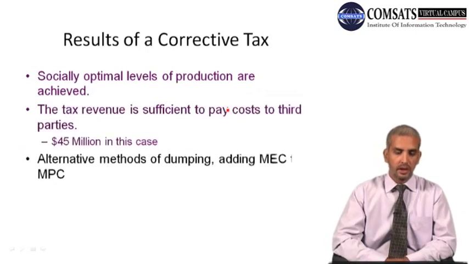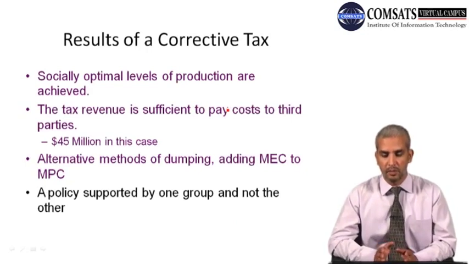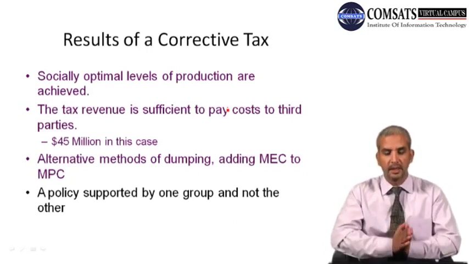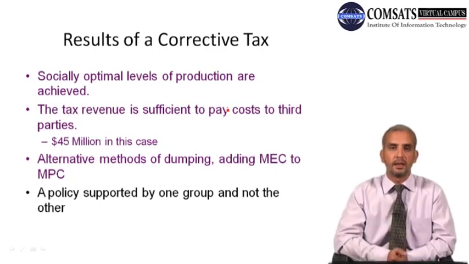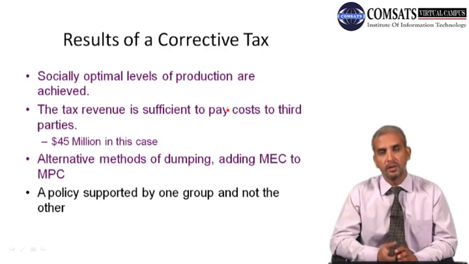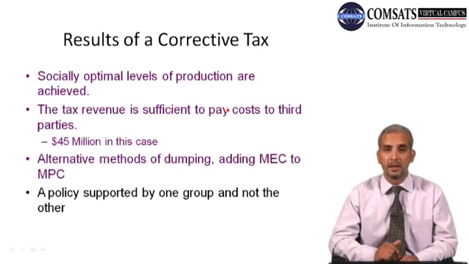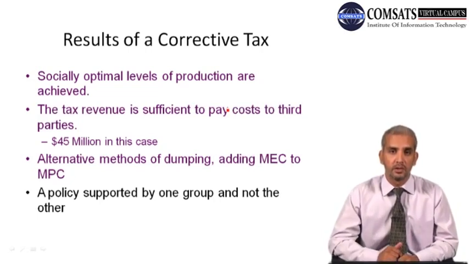Now, the result of a corrective tax is that the socially optimal level of production is achieved. When we explained it earlier without the term tax, we said that if marginal external cost is accounted for, the quantity should be reduced from 5 million tons of paper to 4.5 million tons, which was declared the efficient output, because at that output marginal social benefit was equal to marginal social cost.